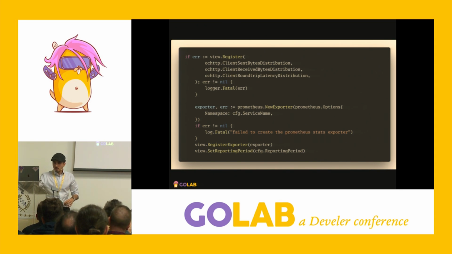So this is an example with Prometheus. We are exporting here all the metrics of our code to Prometheus, so we create a new exporter. Just as an example, I think a couple of weeks ago, or maybe a month ago, we changed it to Datadog in our code. We had a lot of instrumentation going on. We changed it to Datadog because we wanted to try out a few features of Datadog.